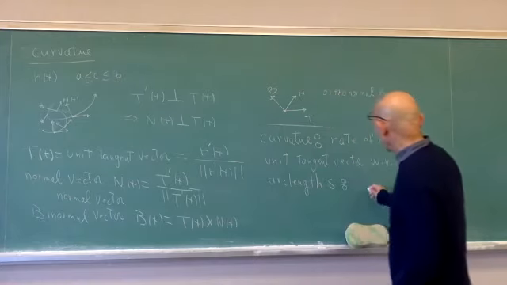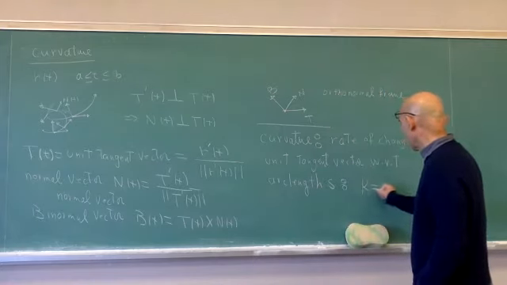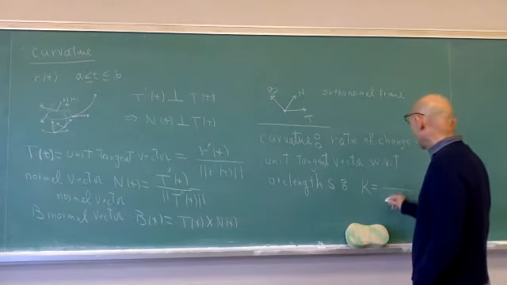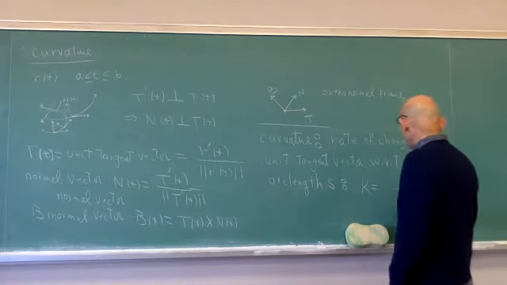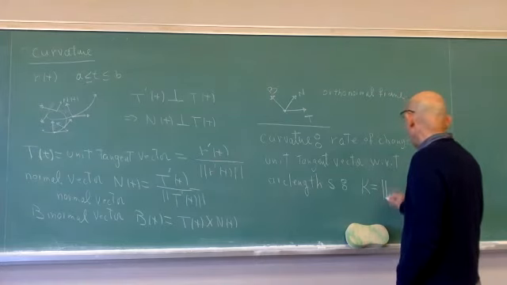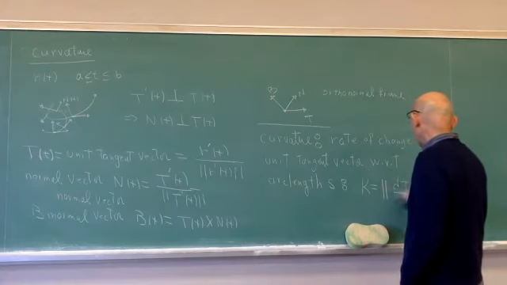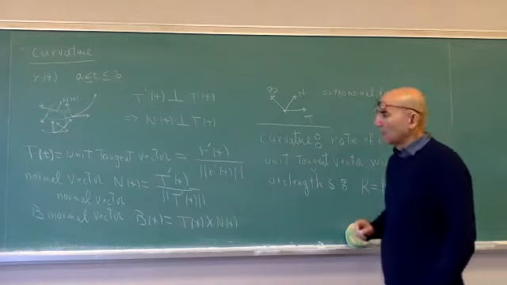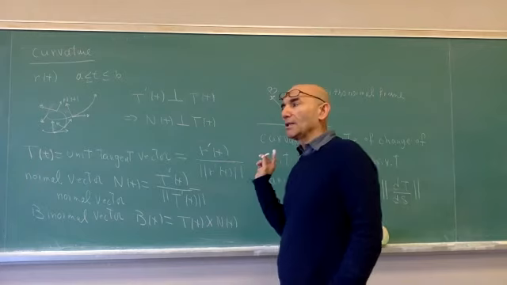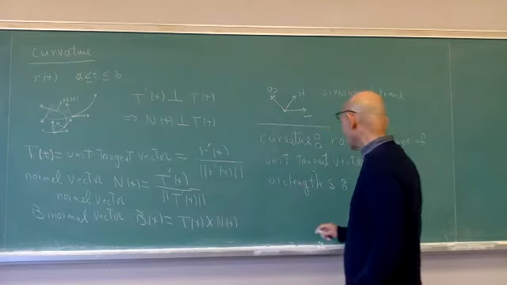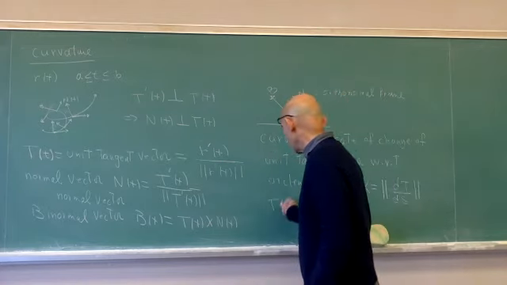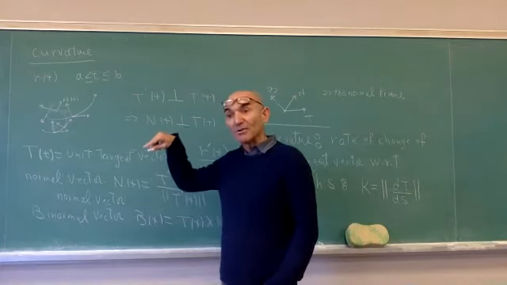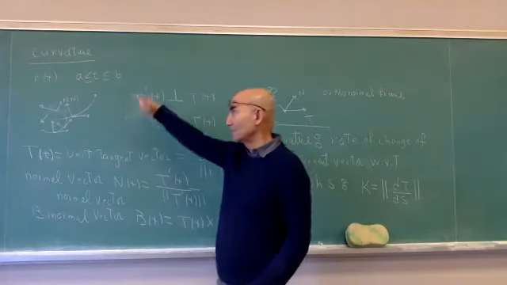So what does it mean? It means that K is equal to the norm of dT/ds. In this formula, we have to think of T not as a function of t, but as a function of this new parameter s that we introduced in the previous part.